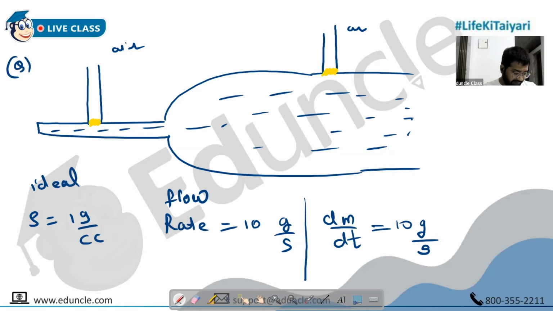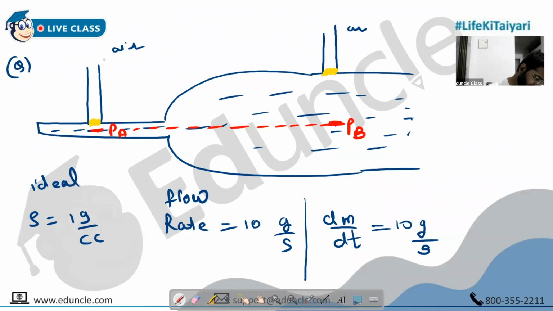They have given us that the pressure at this position here is PA, and along the same horizontal level somewhere here the pressure is PB.